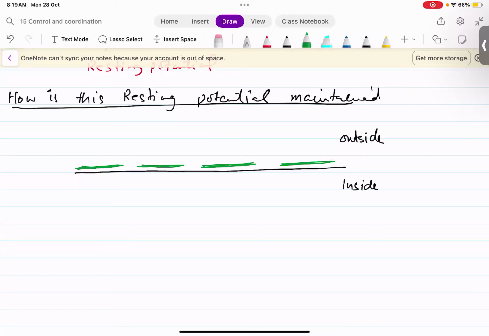And there are nodes of Ranvier between the myelin sheath segments. You see this is a node of Ranvier.